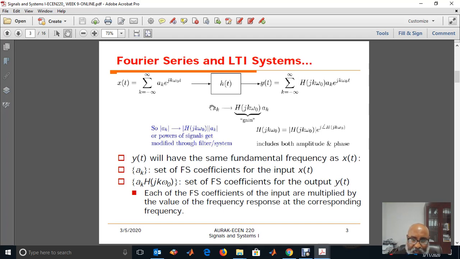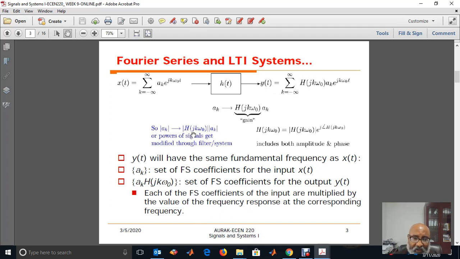The Fourier series coefficients for the input are a k. The Fourier series coefficients for the output are b k. b k is equal to H of jk omega naught times a k. So a k times H of jk omega naught are the set of Fourier series coefficients for y of t. So the output y of t is obtained without convolution. We just do this summation.